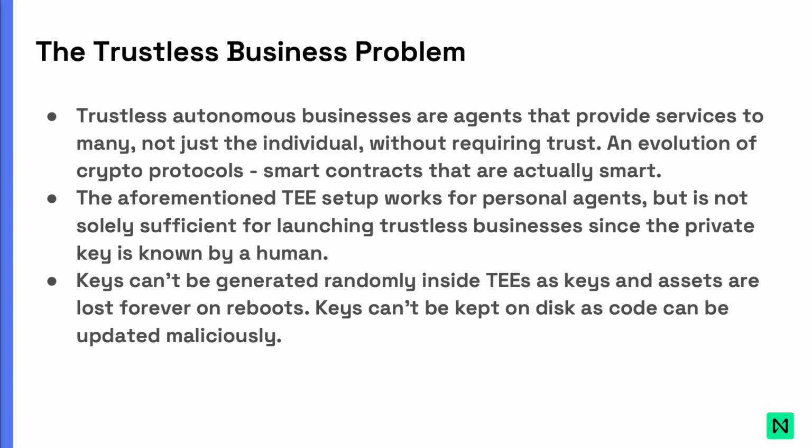So let's say you want to pay for your agent to do some shopping. You could deposit into this agent's account. You can verify that the code is going to buy all the products you want and give you the best shopping experience. However, the developer of that agent could just come along, take the key, and extract all the assets from it. So you can't trust the whole system.